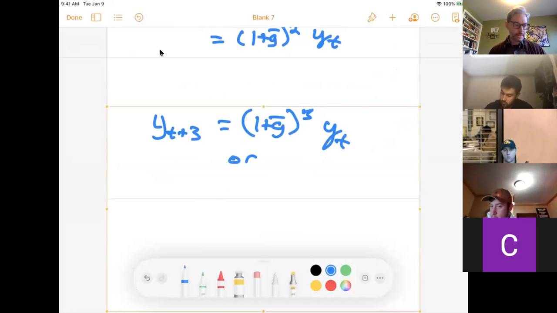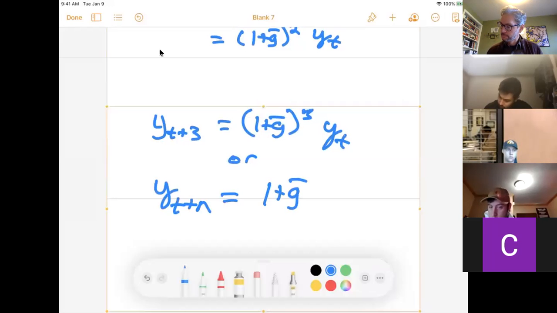Or to make it more general, what's output n periods from now going to be? It's going to be output today times (1 plus g) to the n power.